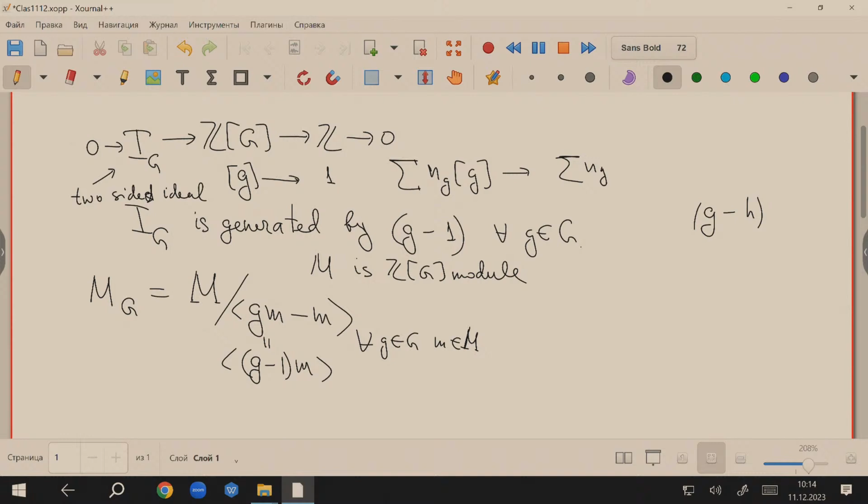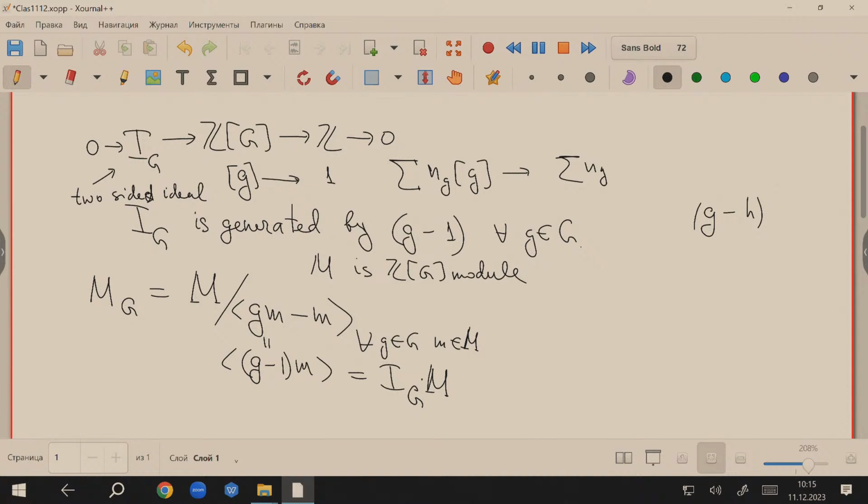And if you look at what this ideal is, it is just the ideal that appears in the augmentation map.